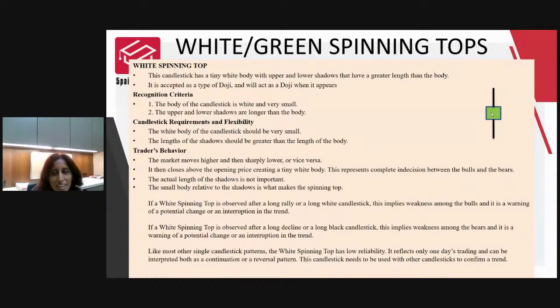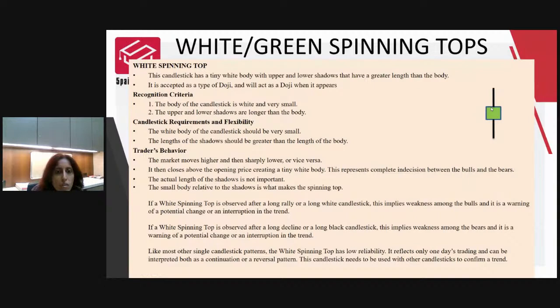So the body of the candlestick is white or green and is small. However, the upper and the lower shadows are longer than the body. What kind of trading behavior does this indicate? The market moves higher and then sharply lower or vice versa, and if it then closes above the opening price, that is why it is green in color.